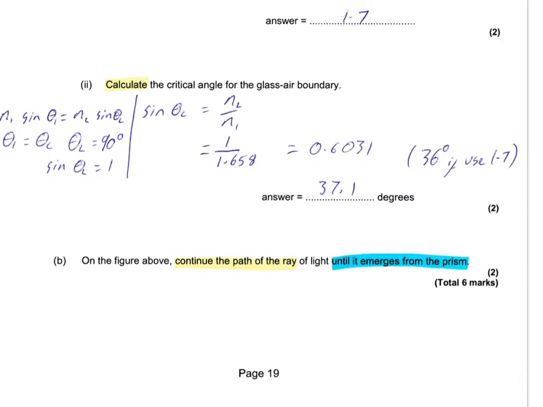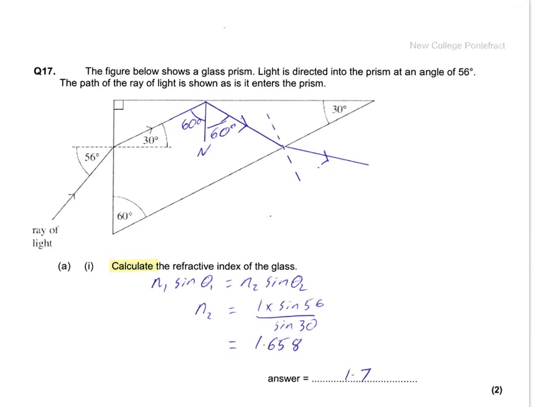And then on the figure above, continue the path of the ray of light until it comes out of the prism. So we know that it does that much. I'm going to draw the normal on, that's the first thing I did, and then I had a thought about what is my angle of incidence at this boundary. Well, I've got that angle is 30 degrees, and the normal is parallel to that edge because that's 90 degrees.